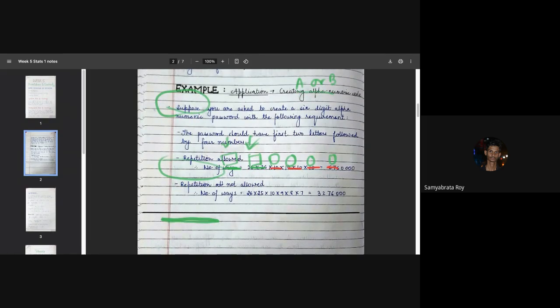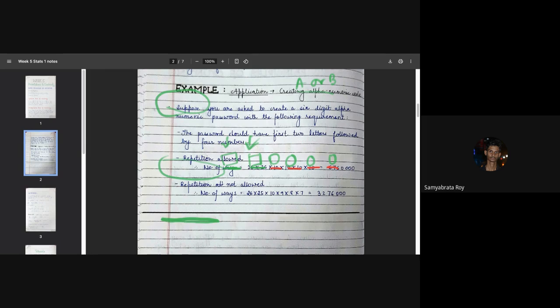Okay. So now there could be those two scenarios where you were allowing repetitions. What do you mean by repetitions? That if a particular letter is occurring at the first place, you allow the system generating the password to repeat it again for the second letter space.